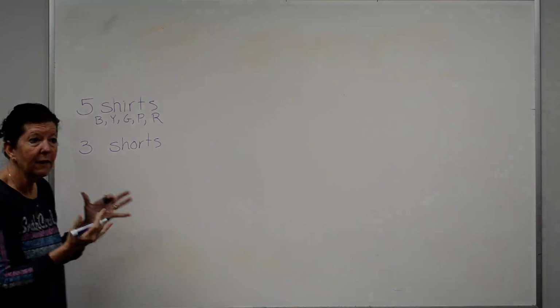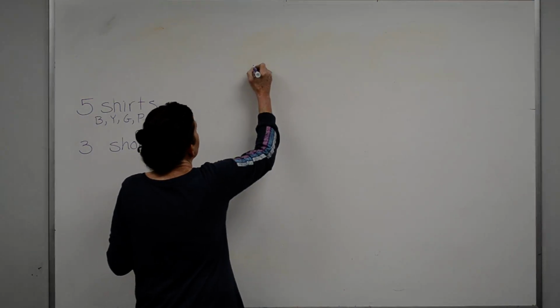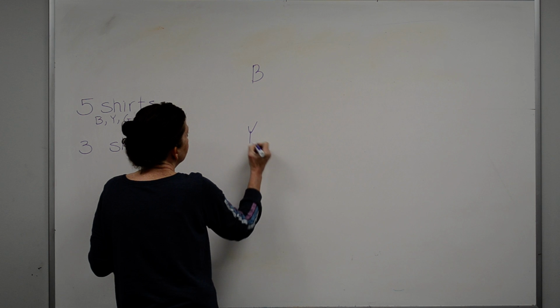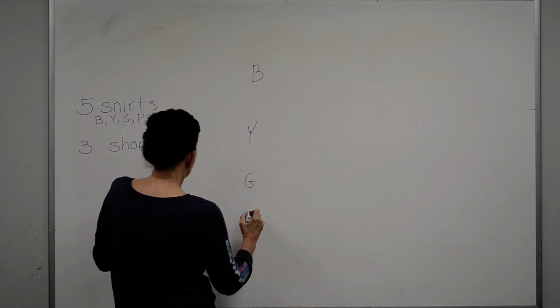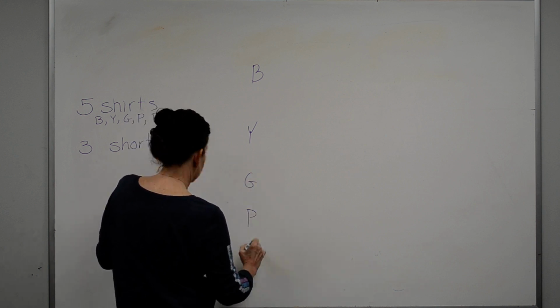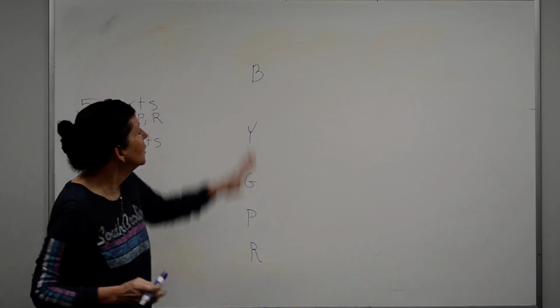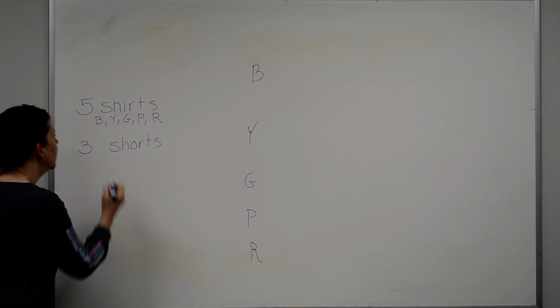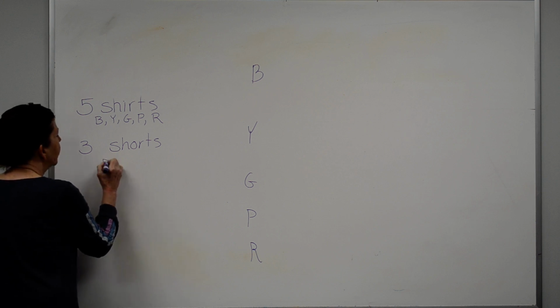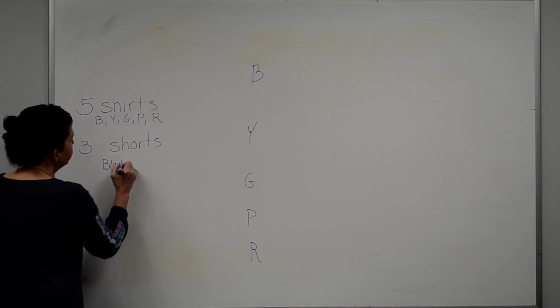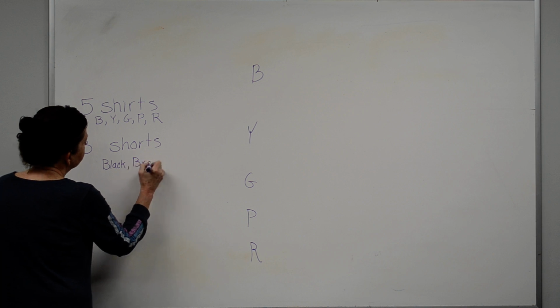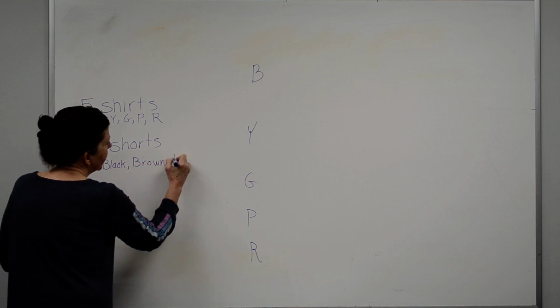Okay, so if I'm going to draw a tree diagram, blue, yellow, green, pink, or purple, and red, I'm not sure what we want to let the P stand for. Okay, so those are all my shirt choices. Then I come down here and I go, okay, I've got black, I've got brown, and I've got yellow.